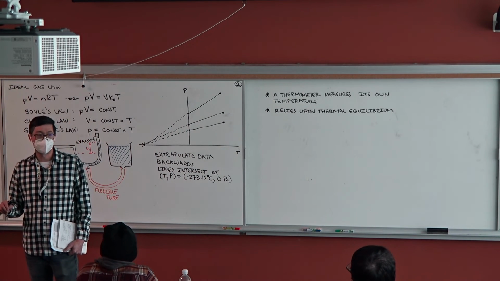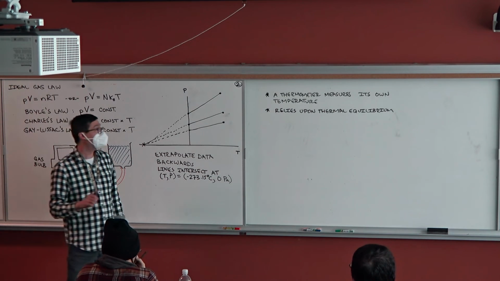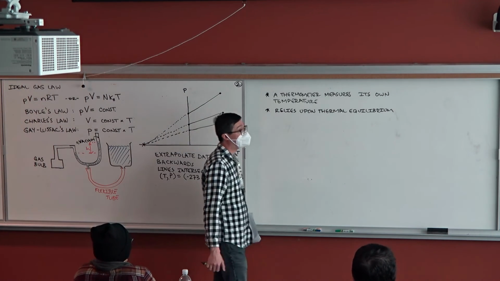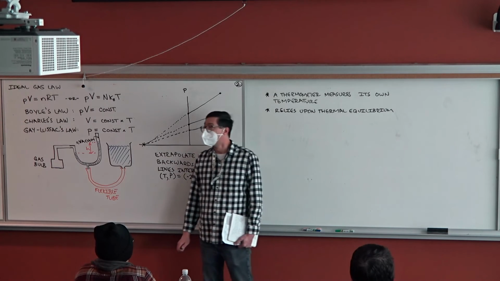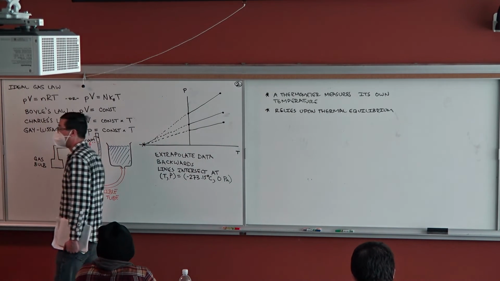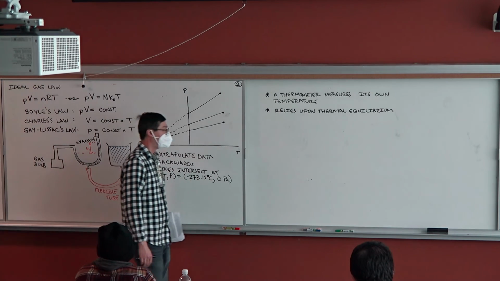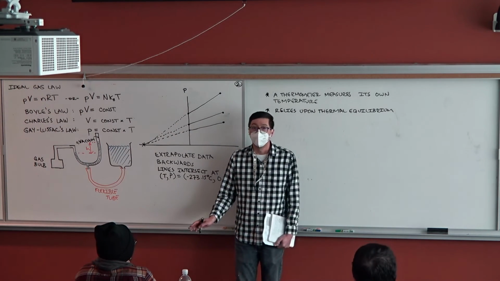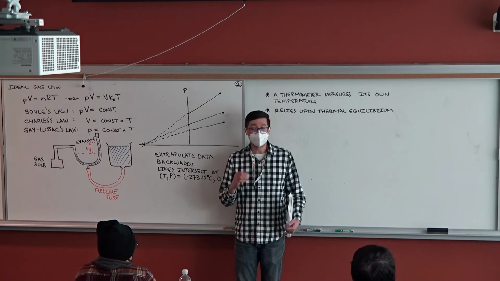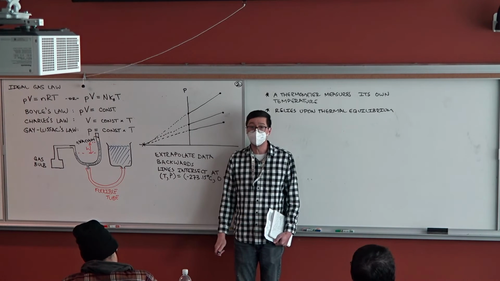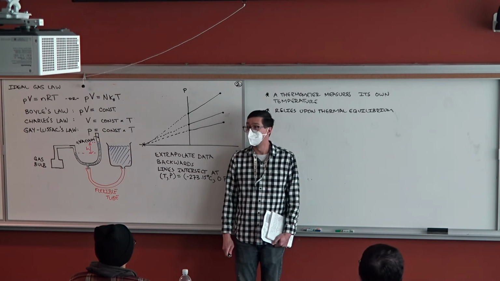Does that make sense? Yeah. So when we're talking about a thermometer, does an ideal thermometer have a big resistance to changing its temperature or a little resistance? A little.